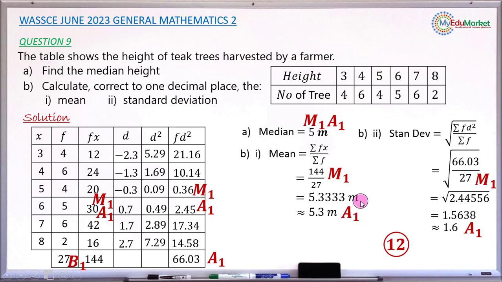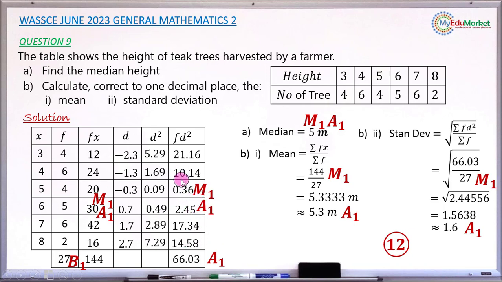So the next mark is for the standard deviation. Before this substitution, attempting to find f d square, that is, you are now multiplying each d square by its corresponding f. If that is done, you have this method 1 mark. And if all the entries are correct, you have this accuracy 1 mark.